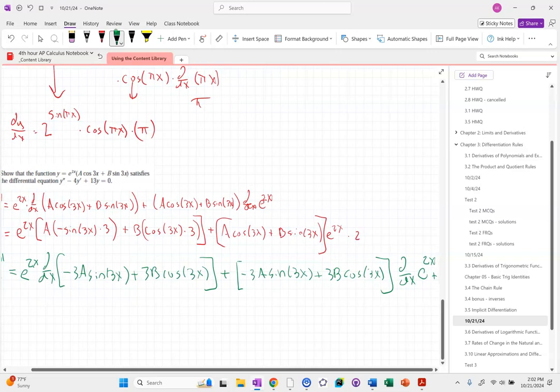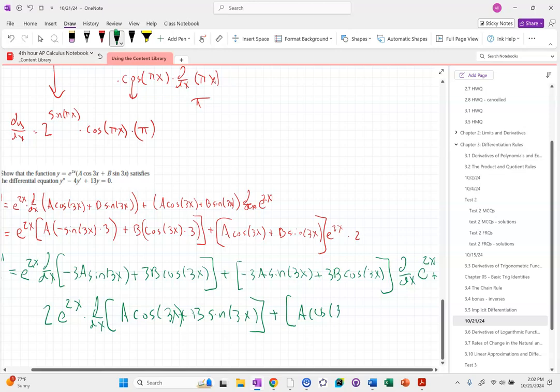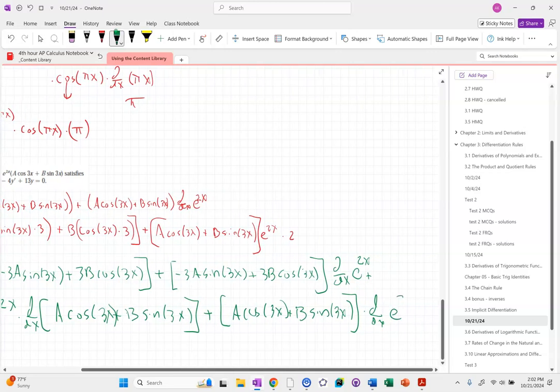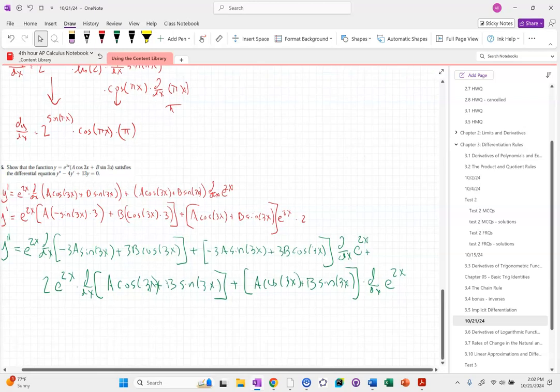So I have 2e to the 2x times the derivative of a cosine 3x plus b sine 3x, plus a cosine 3x plus b sine 3x times the derivative of e to the 2x. Just do that.